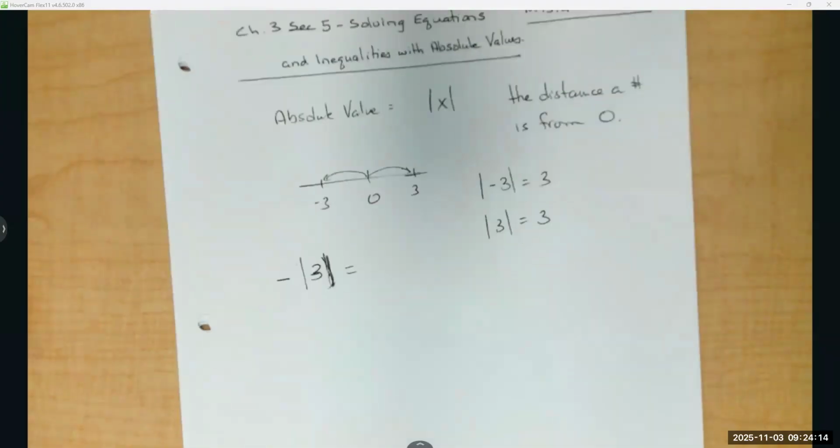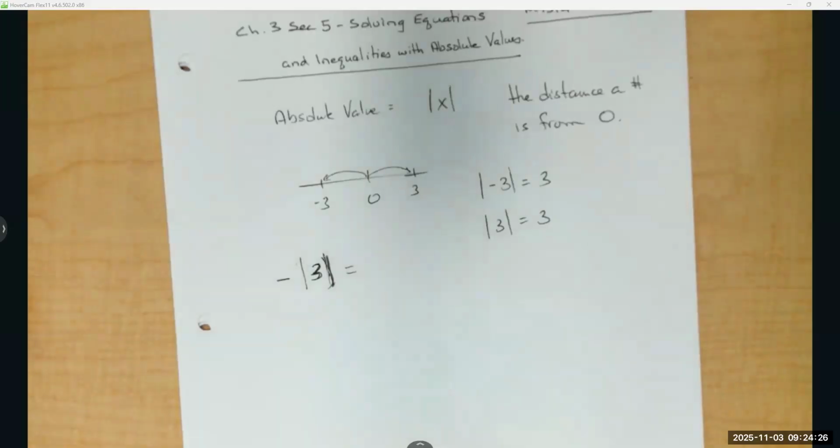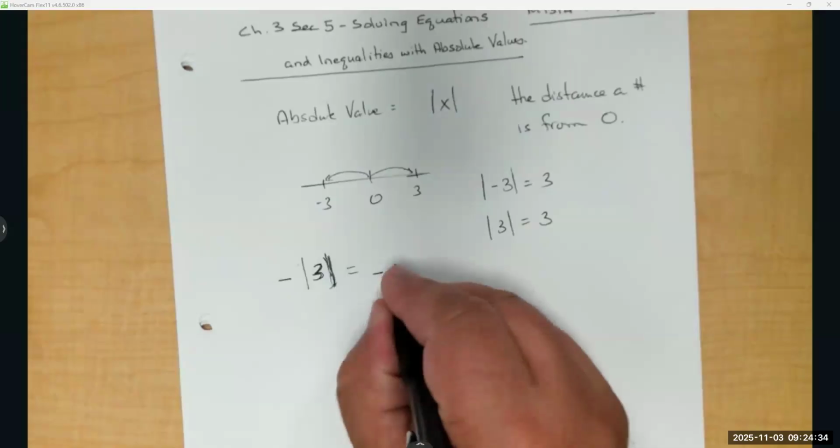What would that one be? That's supposed to be a negative. What would that answer be? Negative 3.